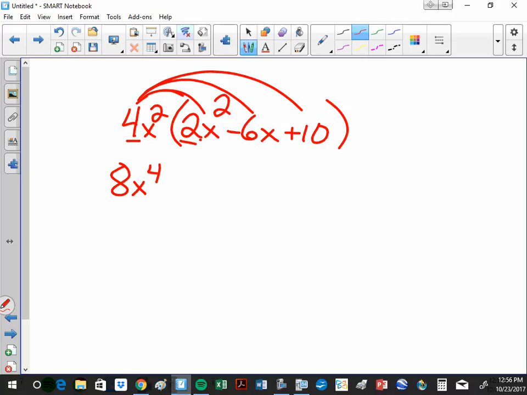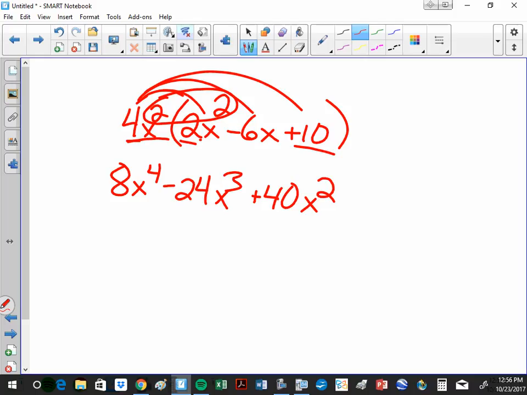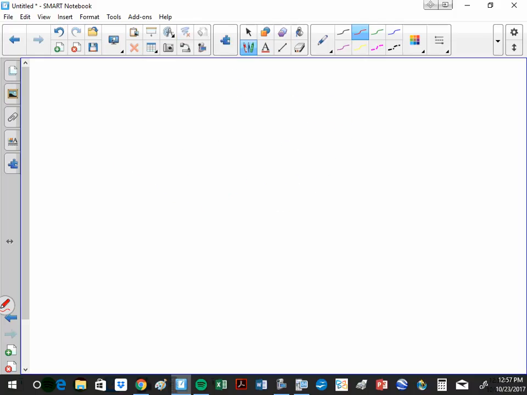You multiply the coefficients and you add the exponents. 4x squared times negative 6x is negative 24x to the third, and 4x squared times 10 is plus 40x squared. Do you remember that?